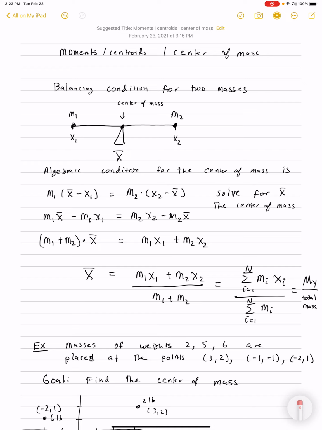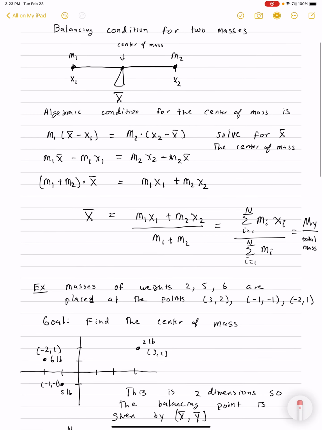Okay. Now, since we want to determine where the center of mass is, we're going to solve the equation for x bar, which represents the center of mass. When I do that, I just FOIL mass 1 and I FOIL mass 2. Then I move everything involving an x bar to the left-hand side, and I move m1 times x1 to the right-hand side.